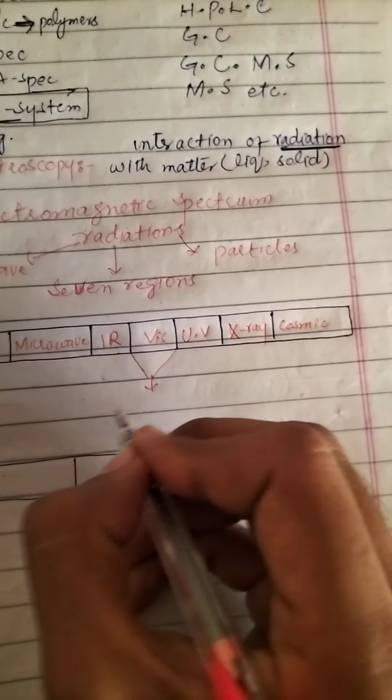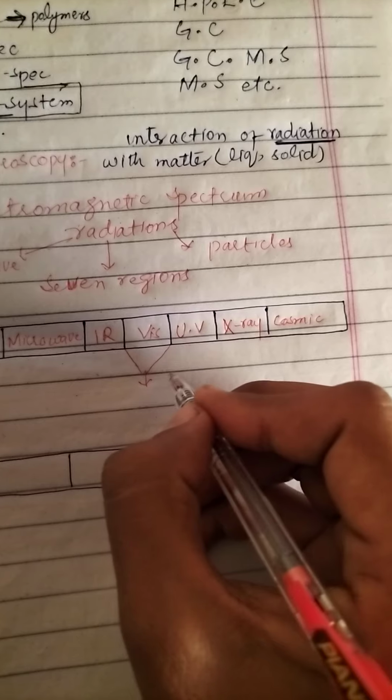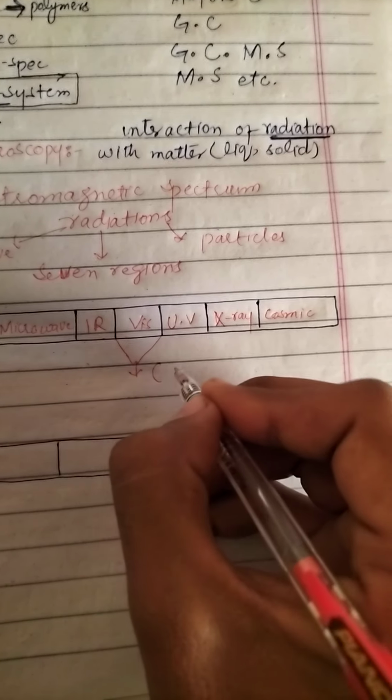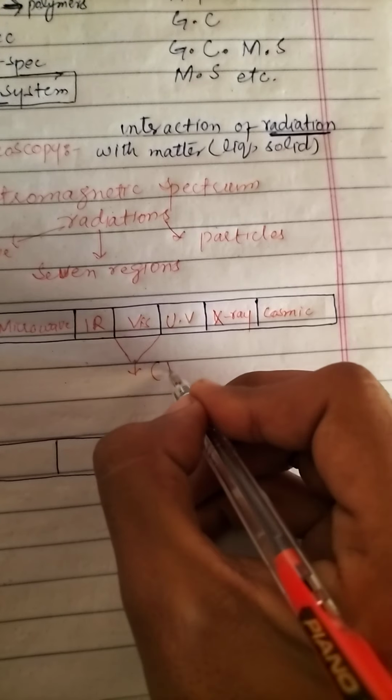The region through which we see different things is called the visible region, or visible spectrum. The visible spectrum also has seven colors.